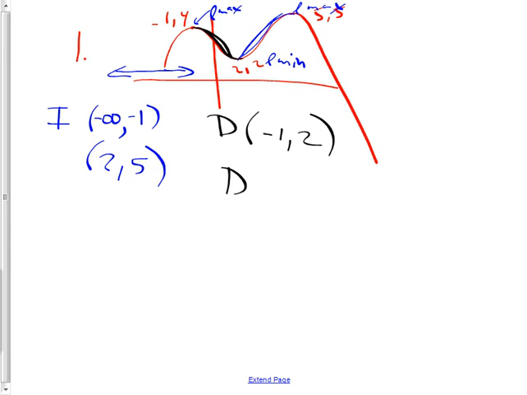I should probably label this one as increasing. It's also decreasing from 5 to infinity. Now, a lot of people say, no, sir, but that's going to -infinity. No, it's going to infinity because it's from here. It's a this way thing, remember? It's x things.